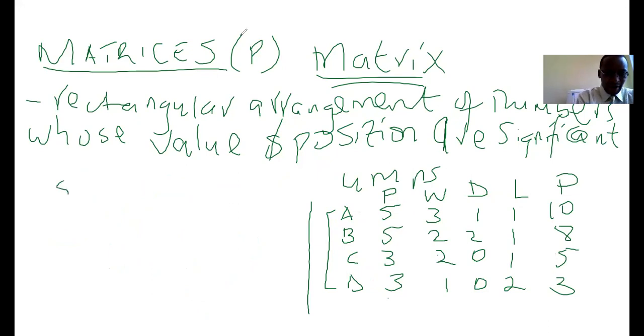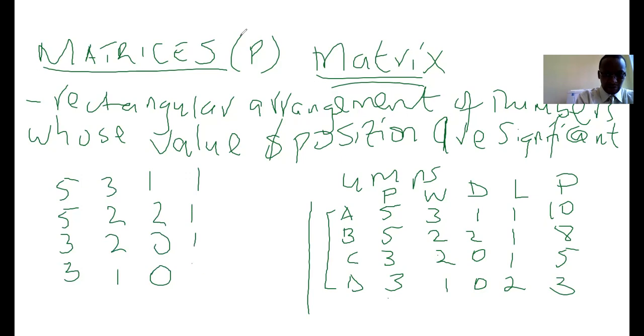We have 5, 5, 3, 3, 3, 2, 2, 1, 1, 2, 0, 0, 1, 1, 1, 2, 10, 8, 5, 3.